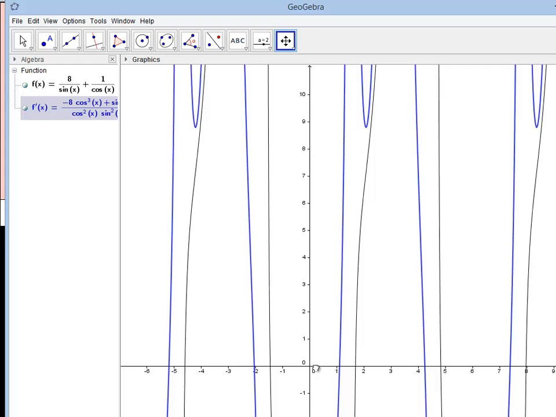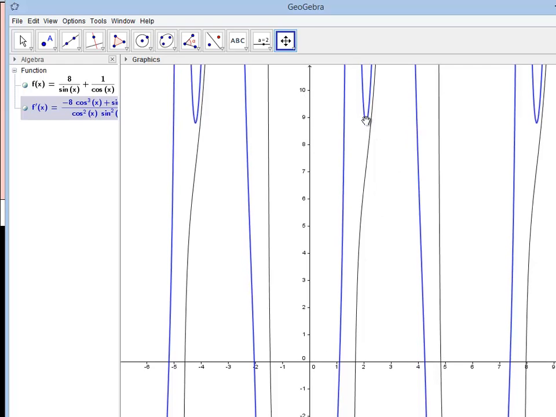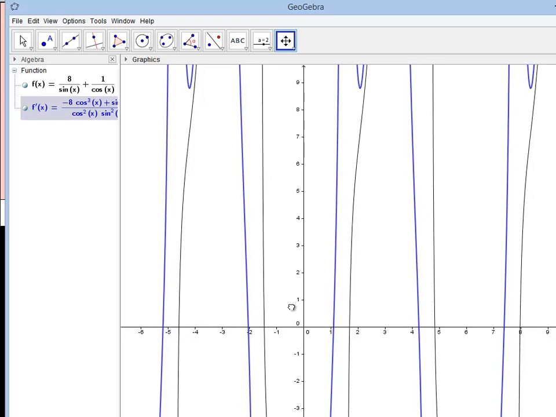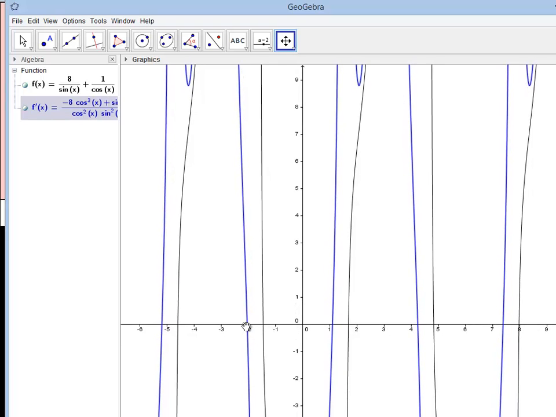Now let's see the minimum. This is the minimum of this function, the derivative, but when it is 0, this is what we are interested in. When the derivative was 0, it is catching here, it is catching here.